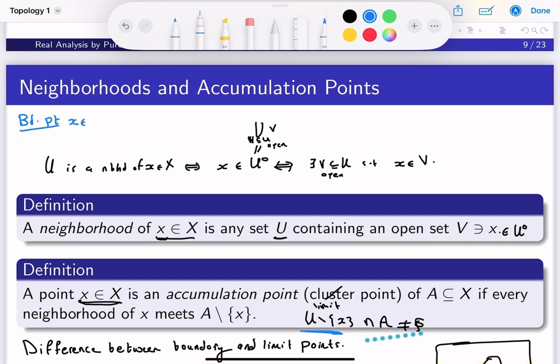X is in del A, a boundary point of A, if and only if you take any neighborhood of X, then that neighborhood must intersect A, and it must intersect the complement of A.